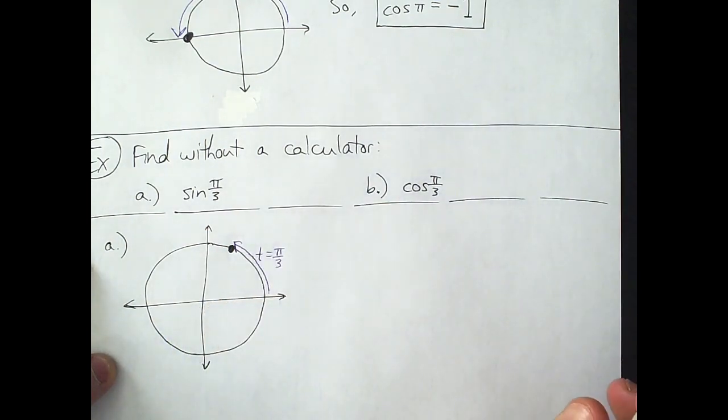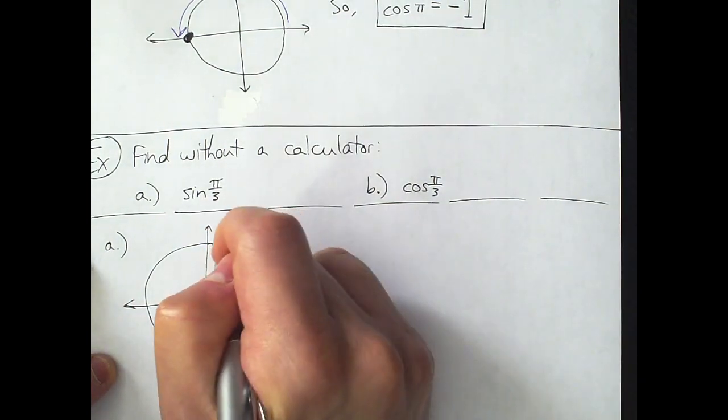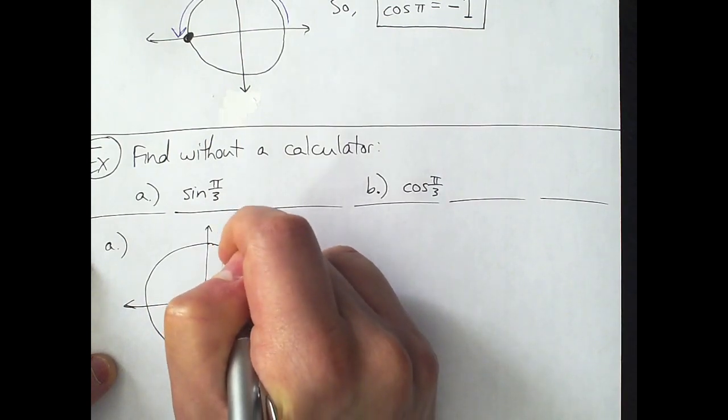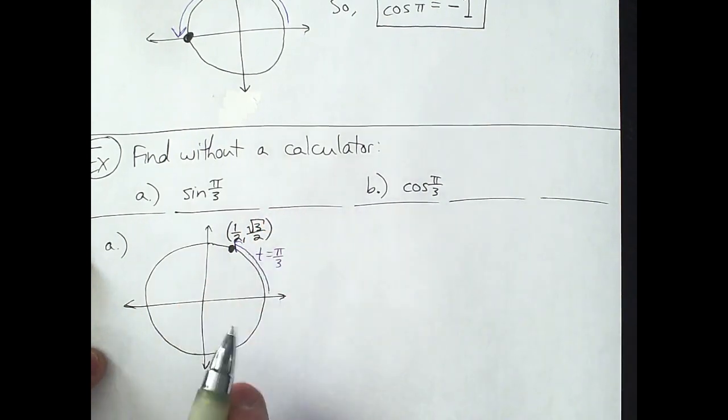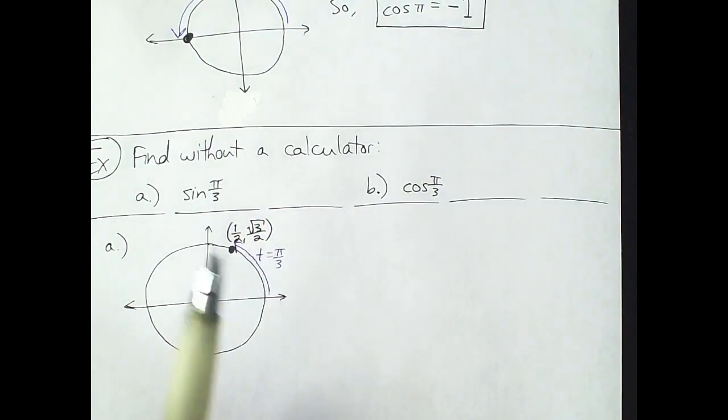So you might just know this point. This point was 1/2, square root of 3 over 2. So if you see pi over 3 and you say, I know it takes me to 1/2, square root of 3 over 2, then you might be able to answer this problem without this picture.